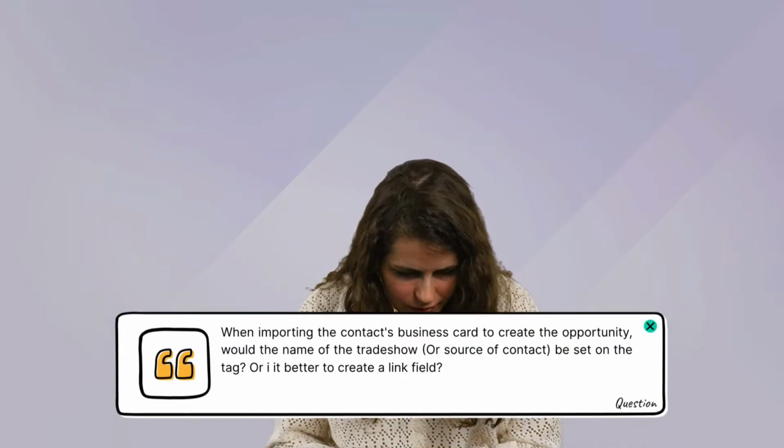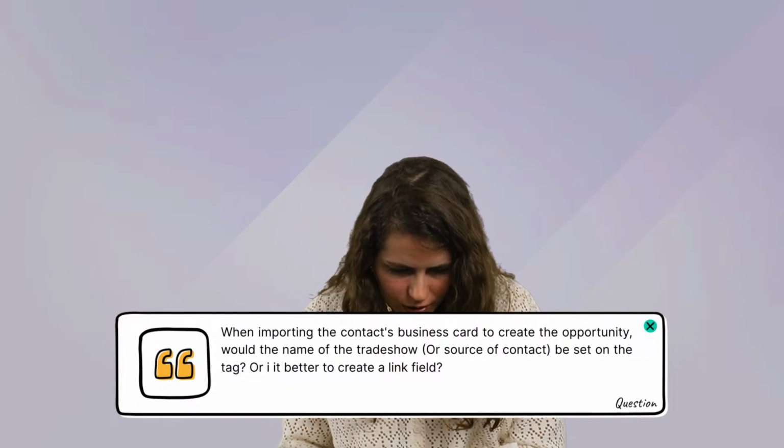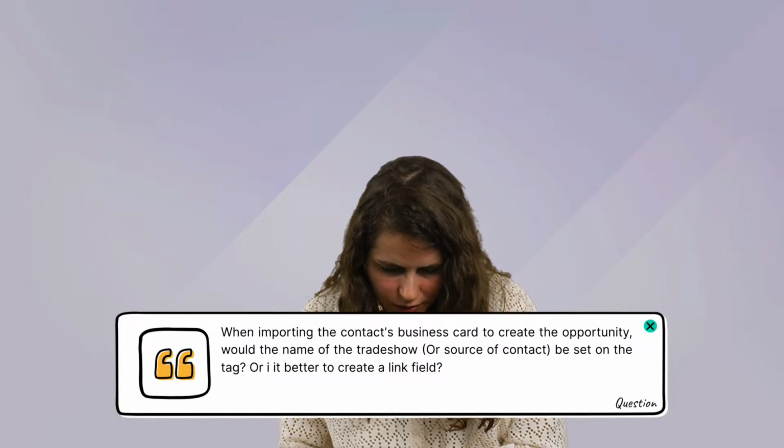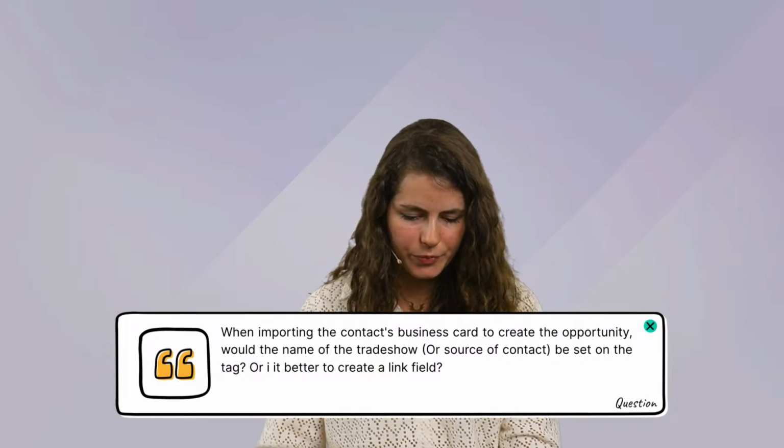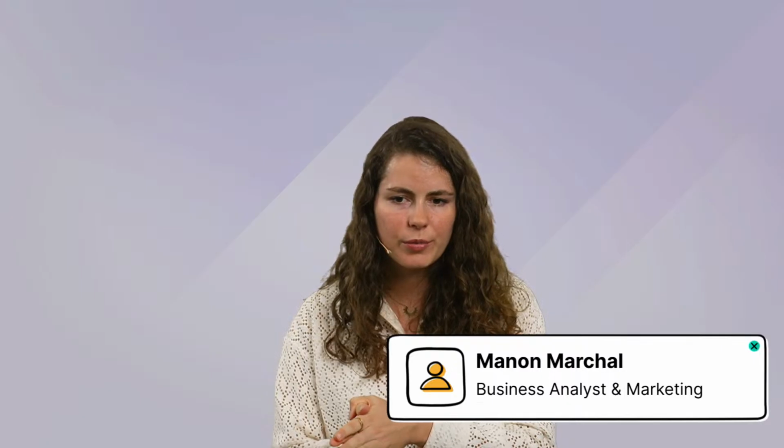We have another question. When importing the contact business cards to create the opportunity, would the name of the trade show or source be set on the tag, or is it better to create a link field? Basically, when you upload business cards, it's going to detect the information that is on the business cards.